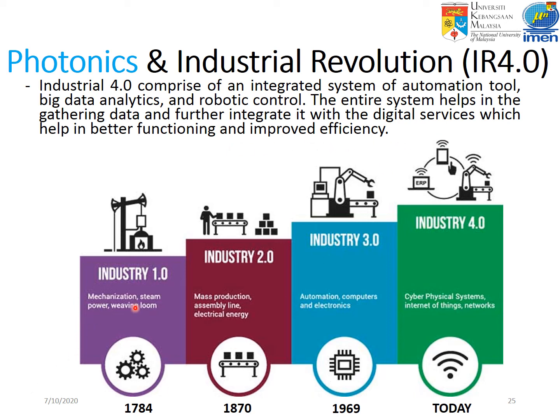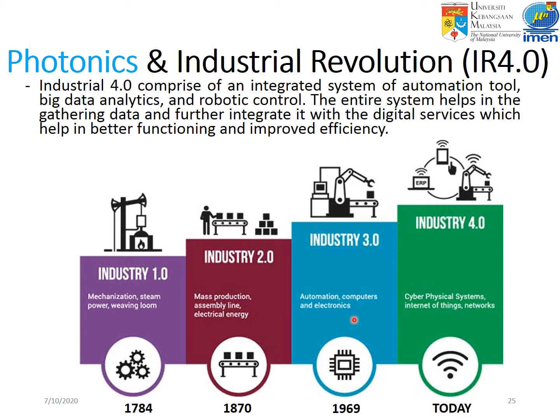So Industry 1.0 was using mechanization, steam power, and also the weaving loom. This was way back in 1784. We moved on to Industry 2.0, where we have mass production, assembly lines, and also the introduction of electrical energy. This was in 1870. And after that, about a decade later, in 1969, we had Industry 3.0, which brought about automation, computers, and also electronics.